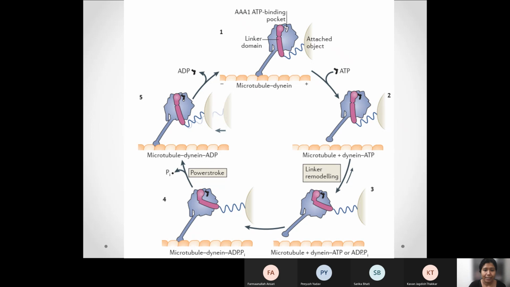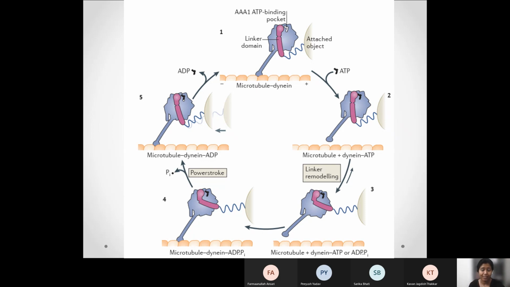The other thing that is important here is the position of the linker, and I'll come to that in a bit. So this creates a power stroke, and you can see that the head would now move to a second binding site on the microtubule.